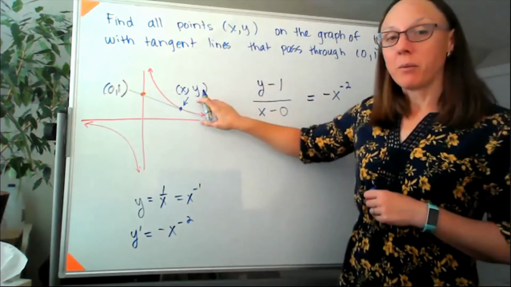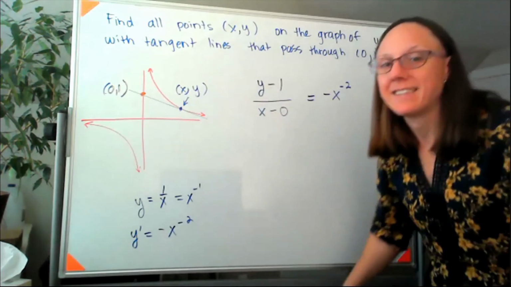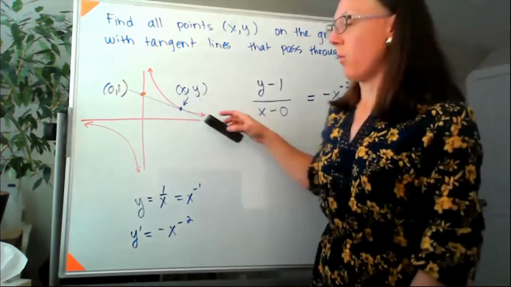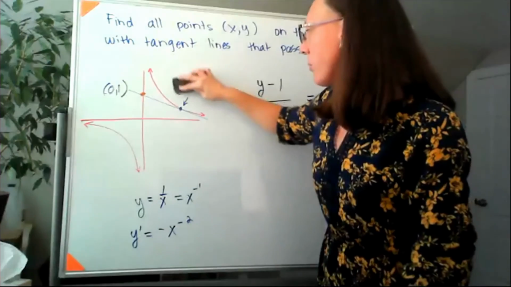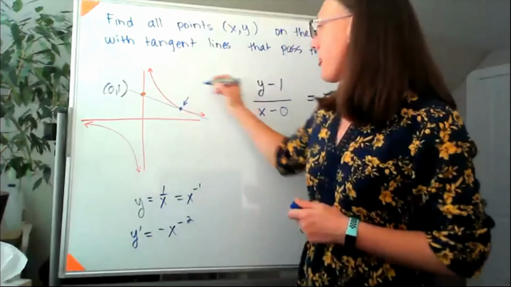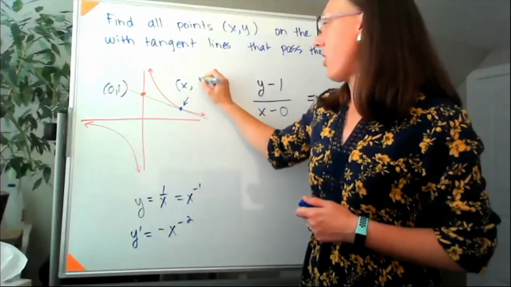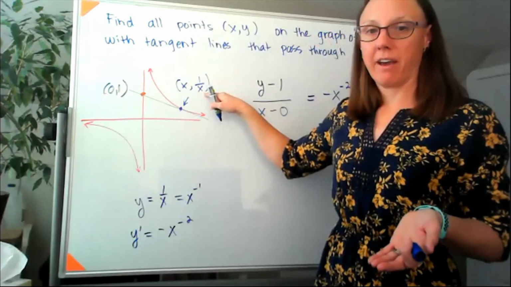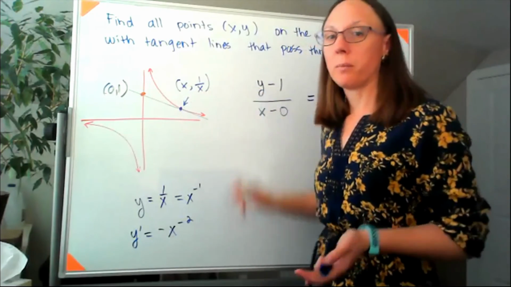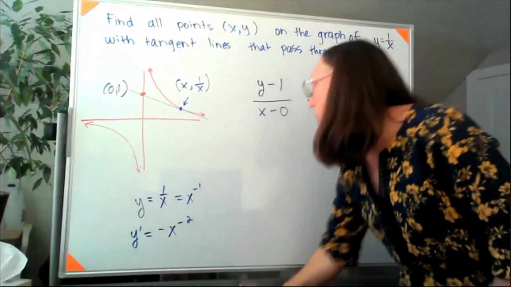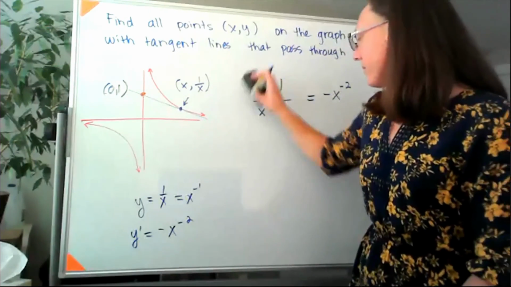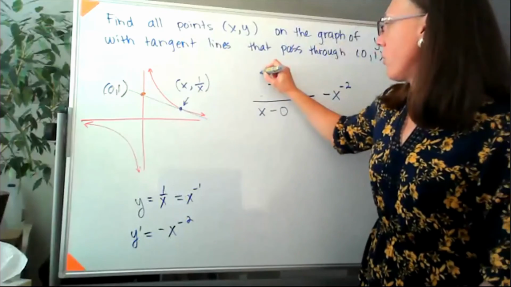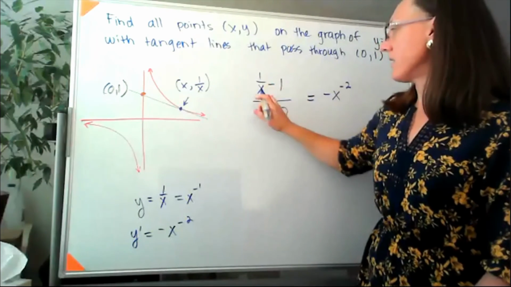So I could have labeled this point on the graph, instead of labeling it as x comma y, as x comma 1 over x, because that's how we get the y value. So I'm going to replace the y in our old school slope with a 1 over x.